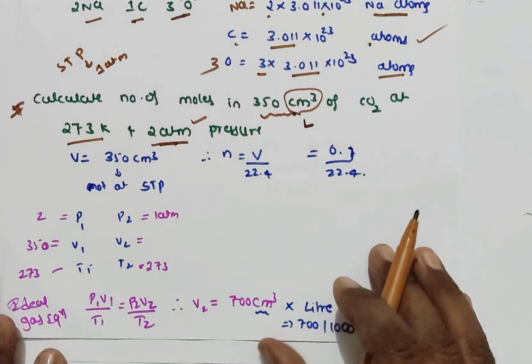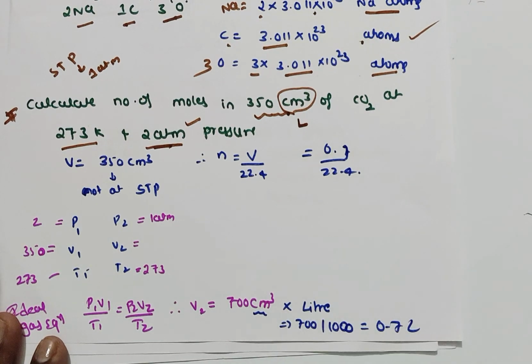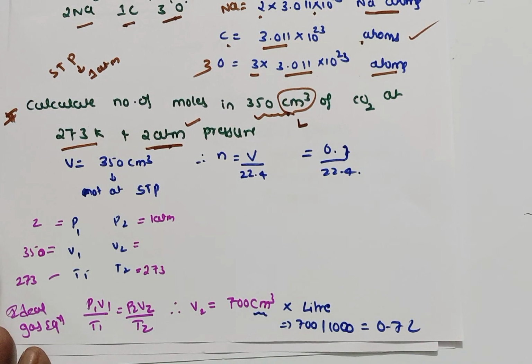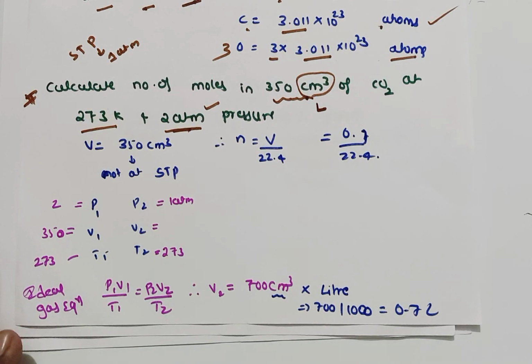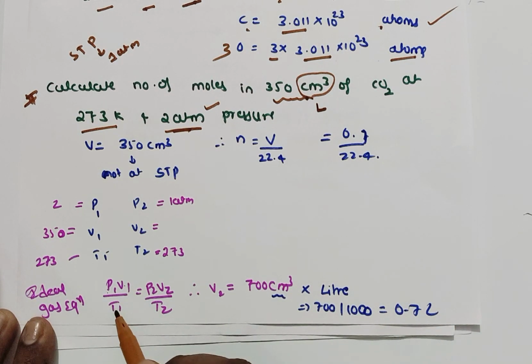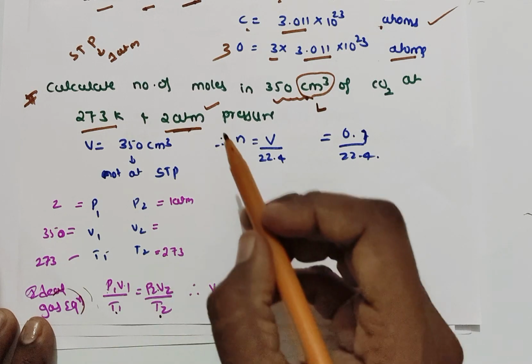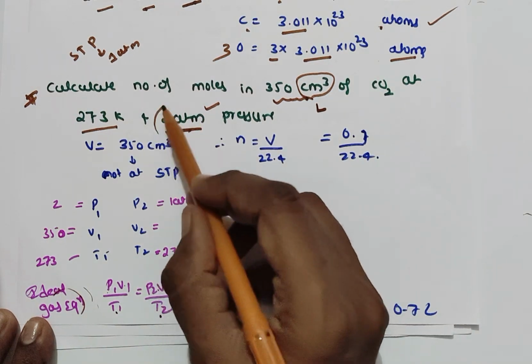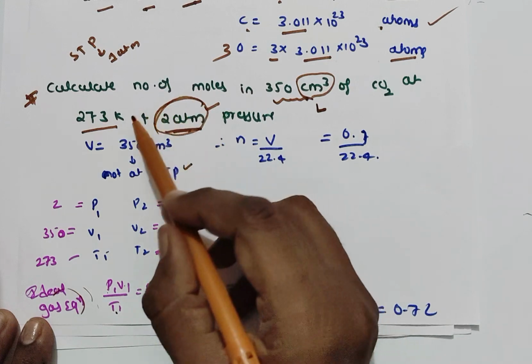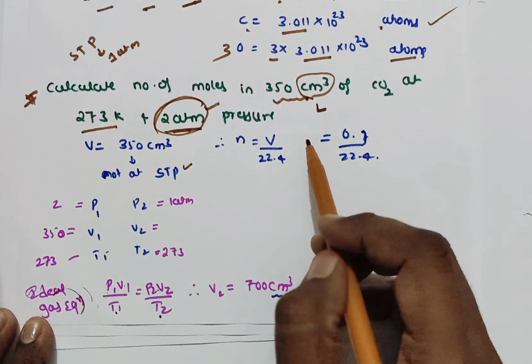How to convert this into standard condition? By using a simple formula, P1 V1 divided by T1 equals P2 V2 divided by T2. This is the ideal gas equation. By using this equation, first we convert this gas into STP, since it is not at STP.